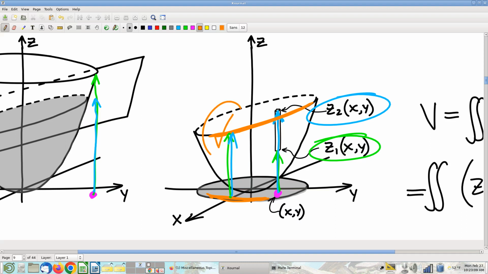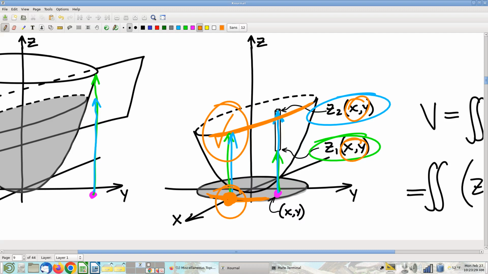Right? I'm looking for where Z1 and Z2 are equal to each other. Does that make sense? Specifically, I emphasize, I'm looking for points x comma y, right? I'm looking for values of x and y that make the green height equal to the blue height.